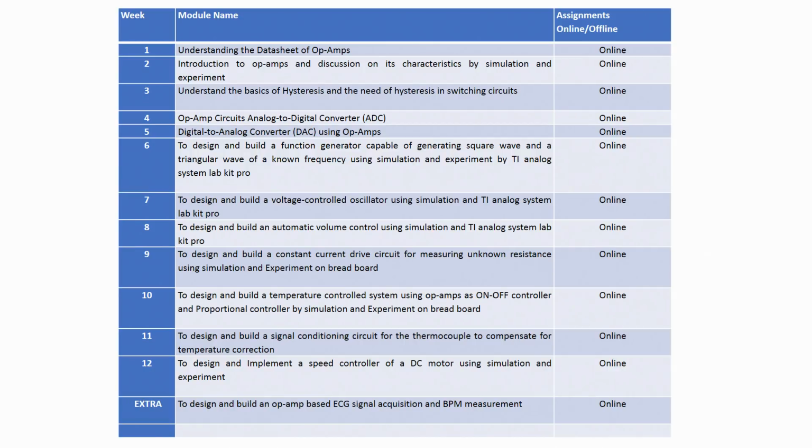Then we will build a signal conditioning circuit for a thermocouple to compensate for temperature correction. Finally, around week 12, we will see how to design and implement a speed controller of a DC motor using simulation and experiment, and we will also see how to build an op amp based ECG acquisition and BPM measurement.